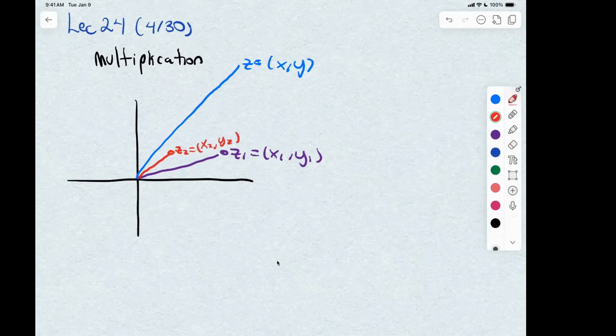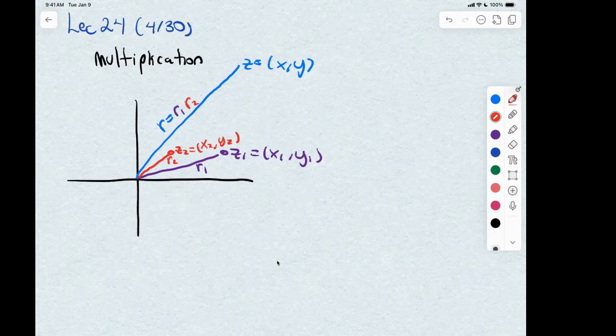But again, as I was saying, thinking about it in terms of polar coordinates, if this has a distance to the origin, which I'm calling R1, and this one has a distance to the origin, which I'm calling R2, then the distance to the origin of the new one is the product of those distances. So it's R1 times R2.